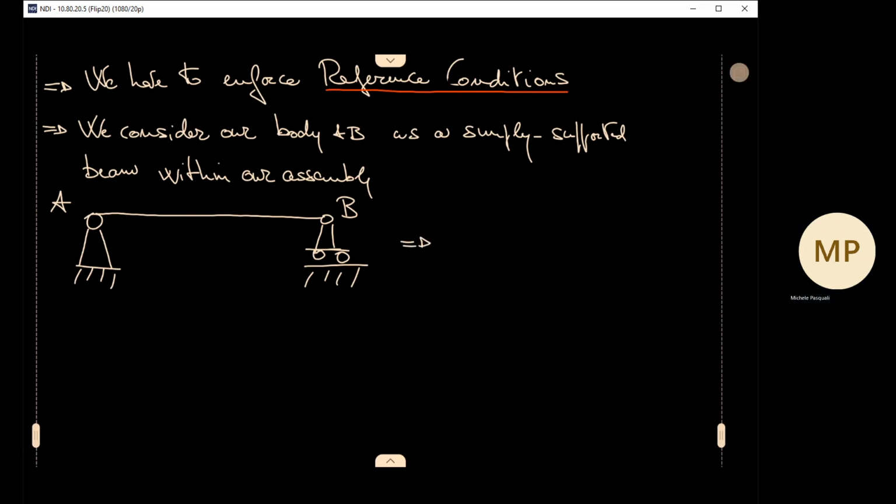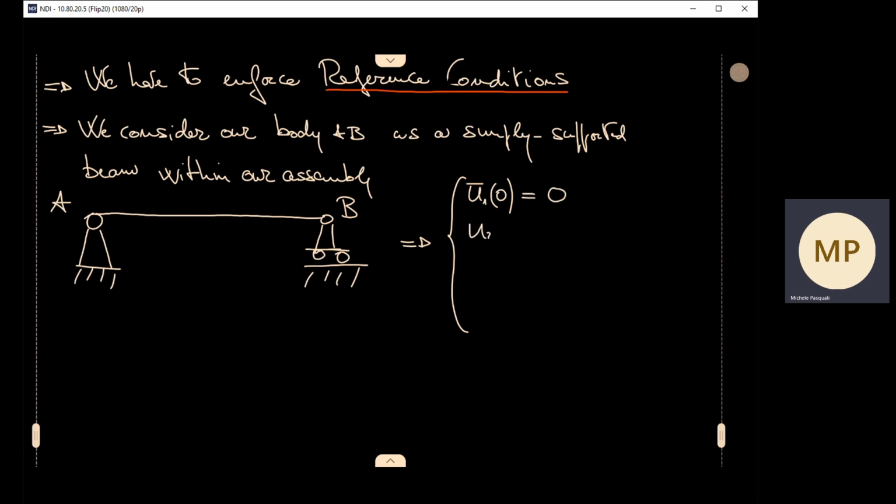So what are the conditions that we need to implement? That the axial displacement at R0 must be 0. And the same goes for the transverse displacement. Okay? So the body cannot deform transversely or axially at point A. And then we have another condition so that the body at point L, the transverse also must be 0.